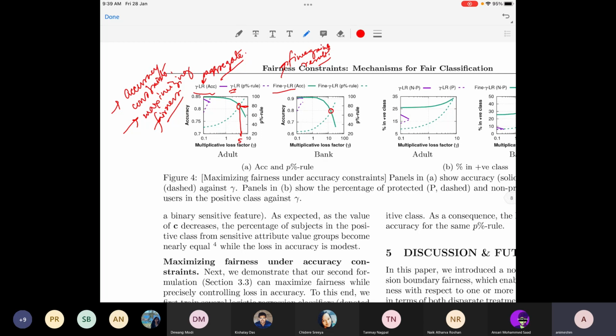At gamma equals 5, you are already able to achieve the 80% rule, and the accuracy is 0.81, I would guess. So this is a good enough accuracy compared to the maximum achievable accuracy, and you have the 80% rule already adhered to for a value of gamma. So you're able to find a gamma for which this happens.